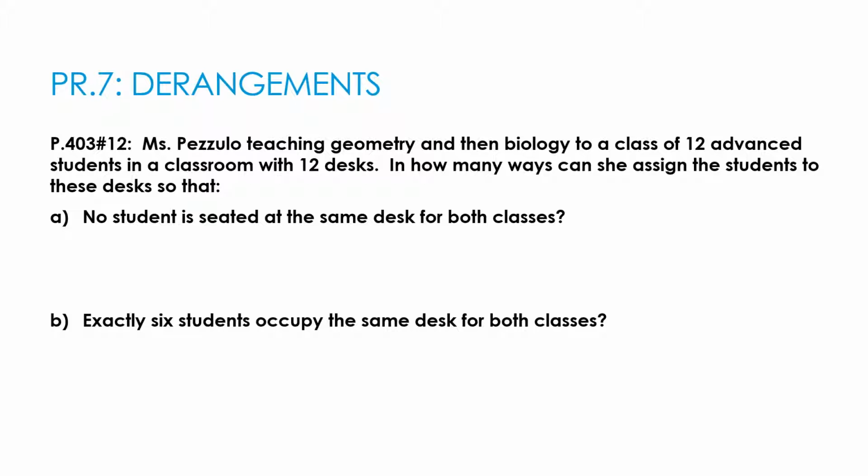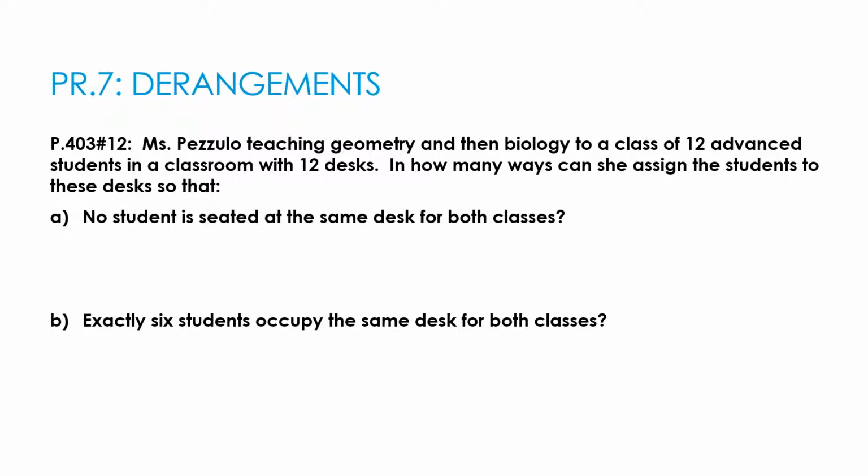But for A, we're looking at no student is seated at the same desk for both classes. So this is very similar to the first question on the last page. Essentially, I'm saying it's a derangement with 12 items, and it's happening not twice though, because the first time that the students come into the room, do we care where they sit?